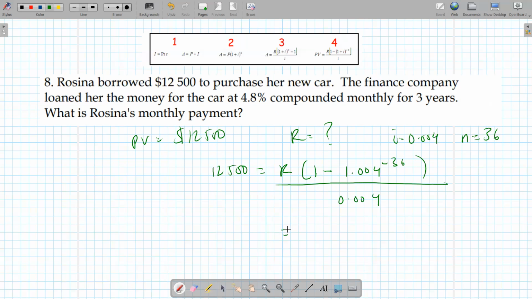What do we do here to find R? Do the bracket first, and then do the division. And this one you have to use STO RCL because there's two parts to this equation.